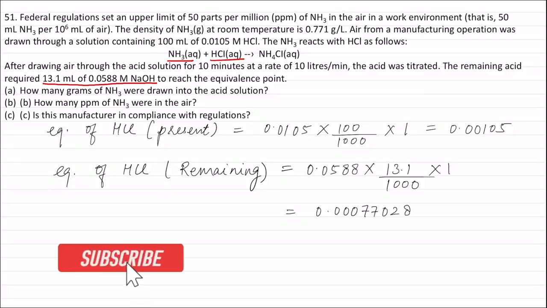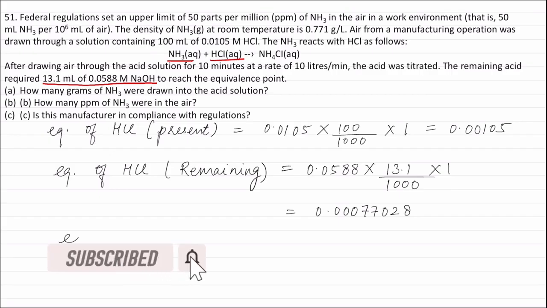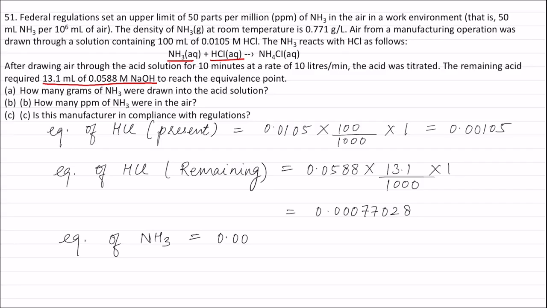0.00077028 equivalents. Therefore, equivalents of ammonia will be equal to equivalents of HCl present minus equivalents of HCl remaining, that is 0.00105 minus 0.00077028, and this is equal to 0.0002797 equivalents.